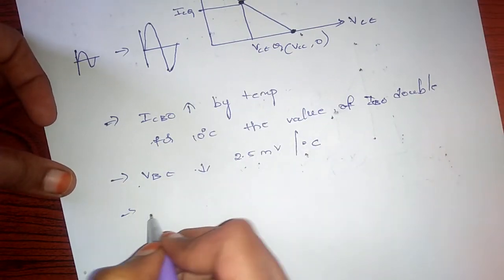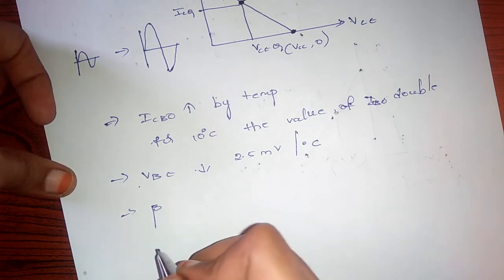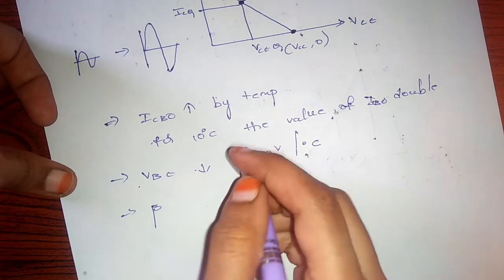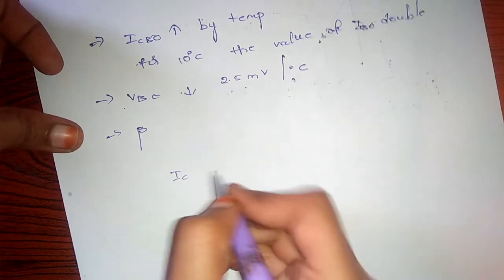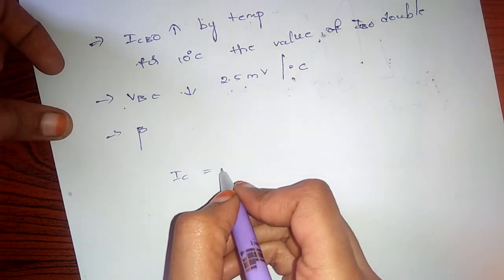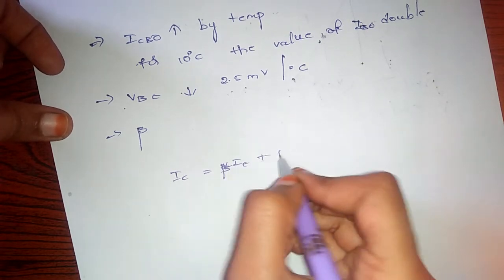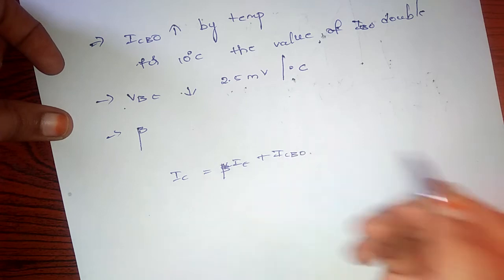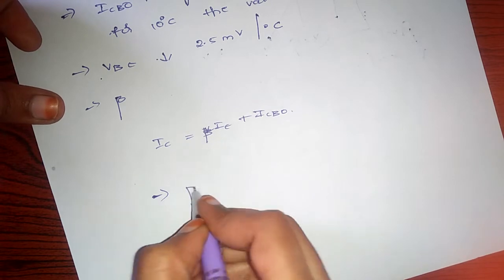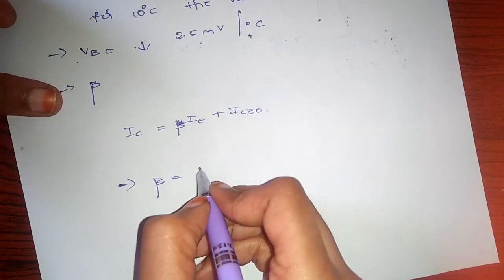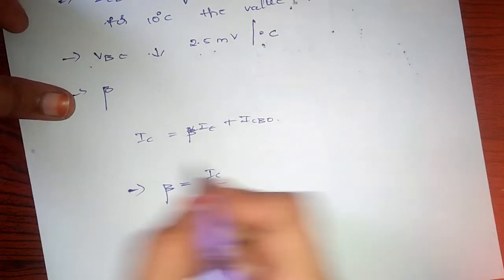Another one we have is the transistor current gain, the beta factor, which increases with rising temperature. Why so? Because we know that IC is equal to alpha IE plus ICBO, and beta is equal to alpha by 1 minus alpha.